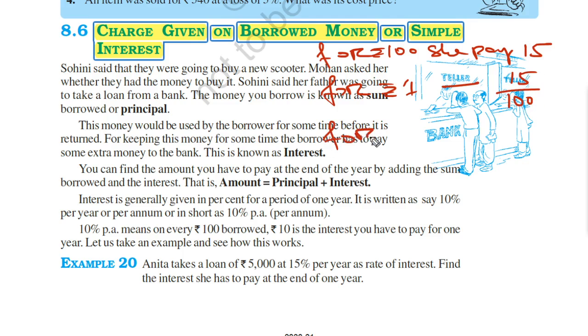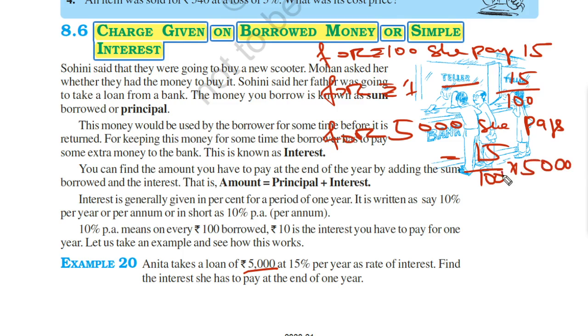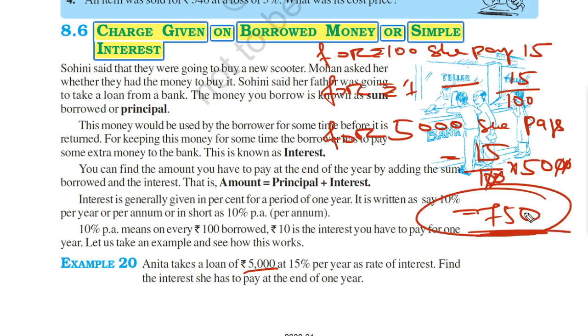For 5,000 rupees, she pays 15 upon 100 into 5,000. Now you can cancel 2 zeros, which will be equal to 750. So how much money she will have to pay after 1 year for this 5,000 rupees is 750 rupees. So this is your unitary method.